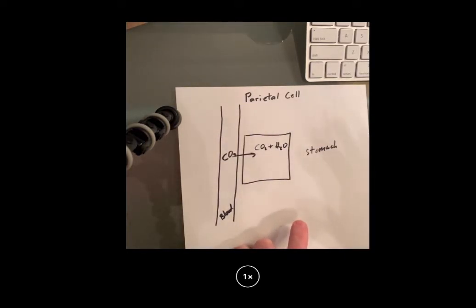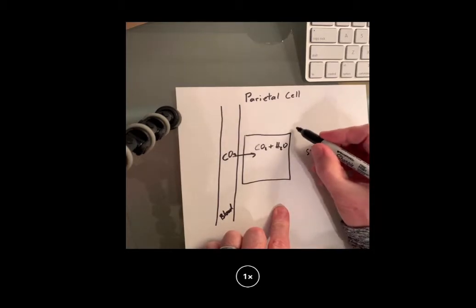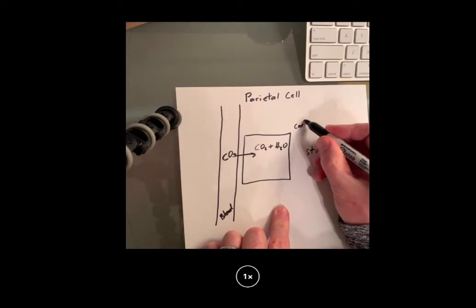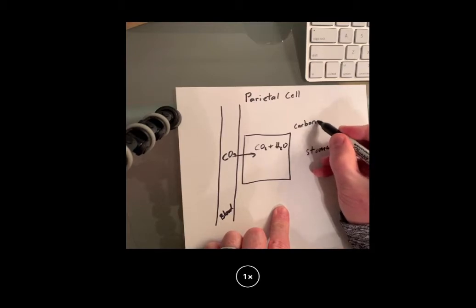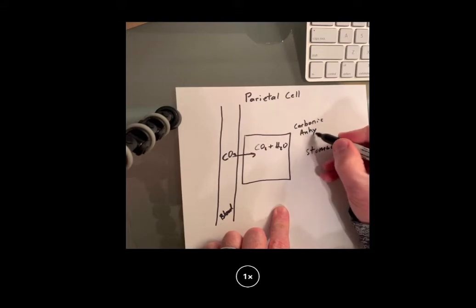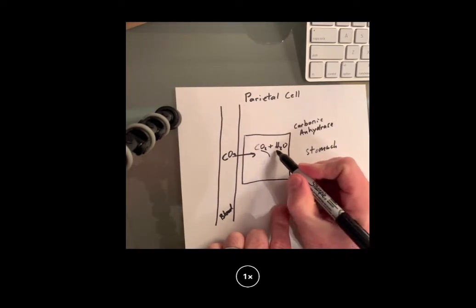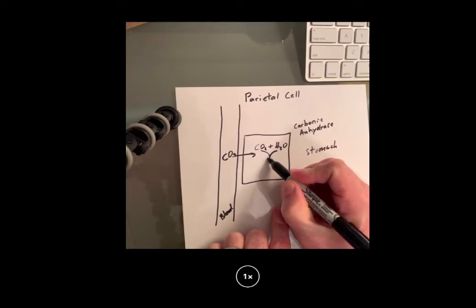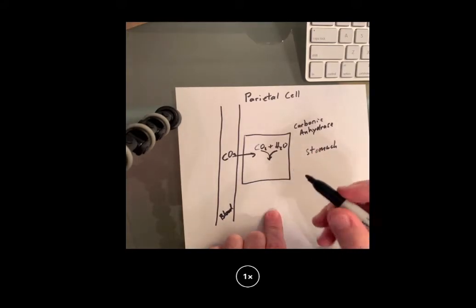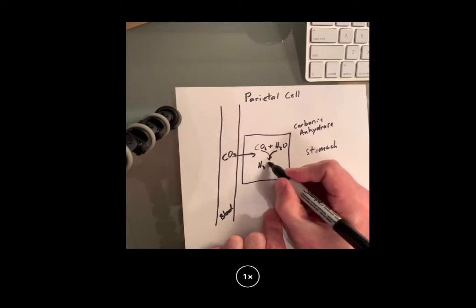And if we combine CO2 and water together with the presence of an enzyme called carbonic anhydrase, in the presence of carbonic anhydrase, CO2 and water come together to make carbonic acid, H2CO3.